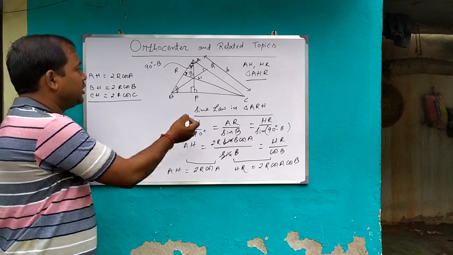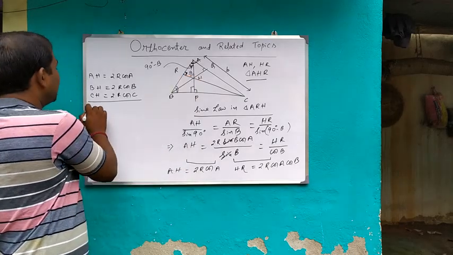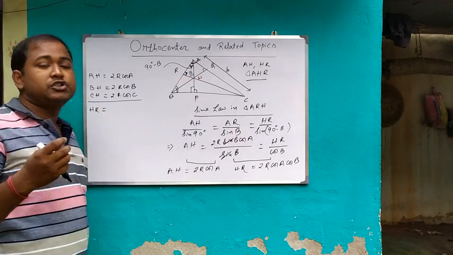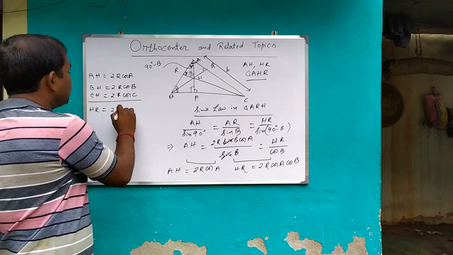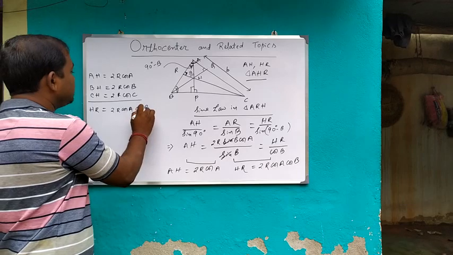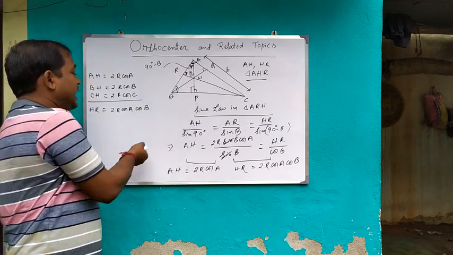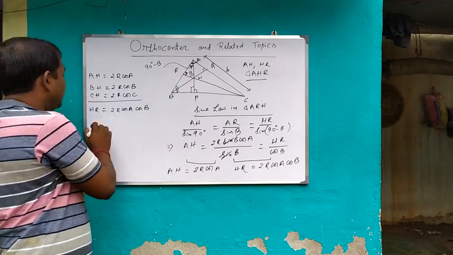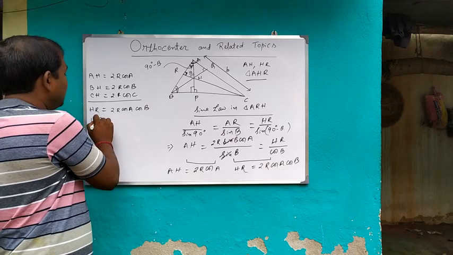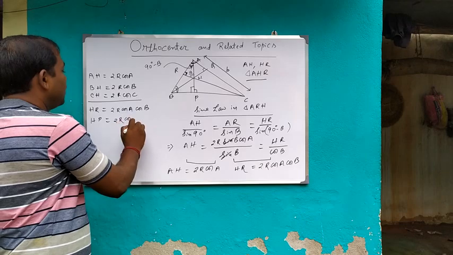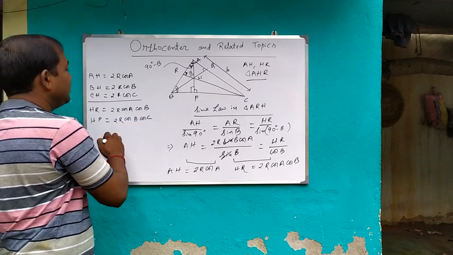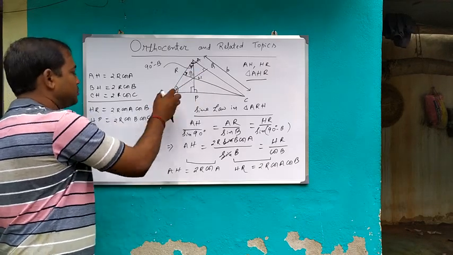And now see HR. HR means distance of orthocenter from side AB, that is equal to 2R cos A cos B. So it was side AB, so they were cos A cos B. Now when we talk about side BC, it will be cos B cos C for HP, the distance of orthocenter from side BC.